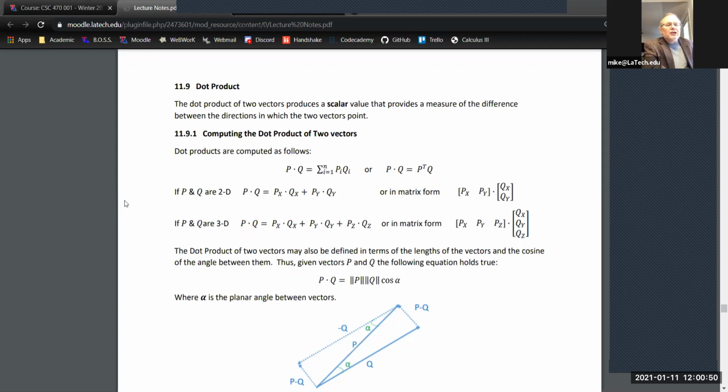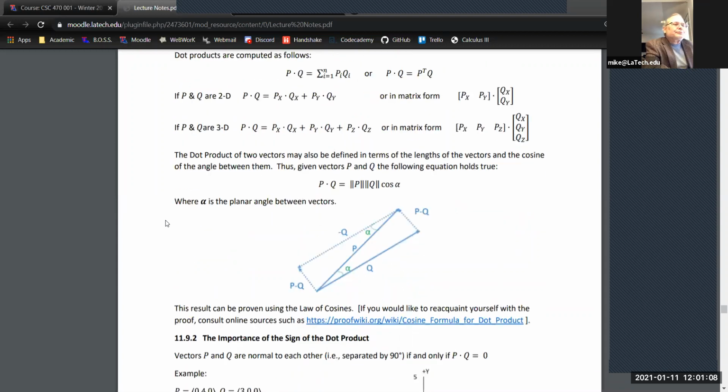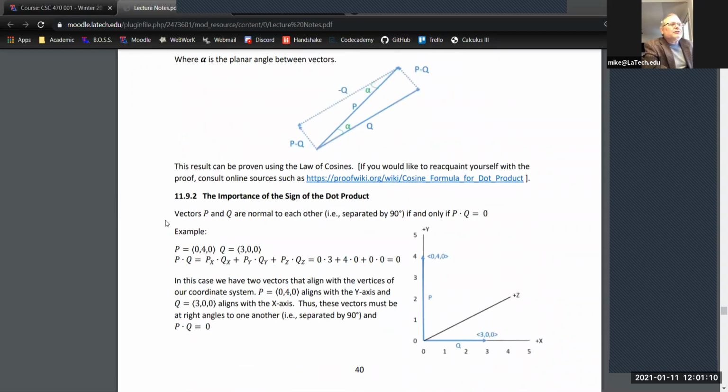If you're like me, you did that a long time ago and you've forgotten why that's true. We're just going to take it that it is true. I provide a link at the bottom of the page for you to look it up if you want. Okay? Scroll down a little bit more and we get to why is the dot product important?